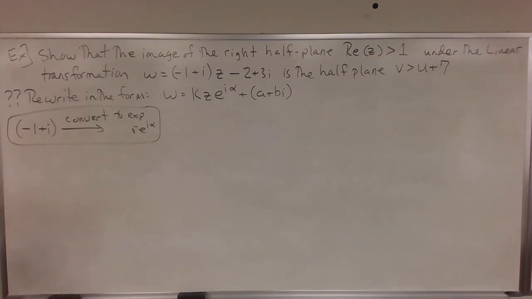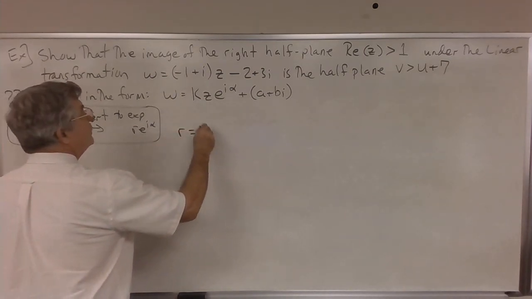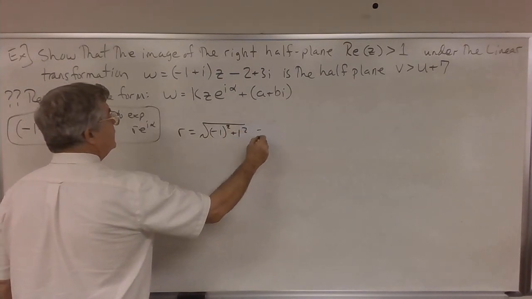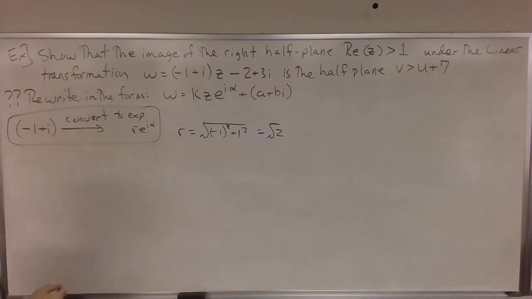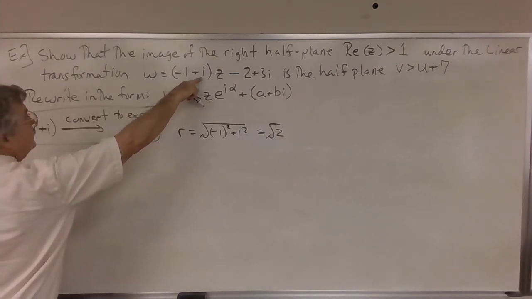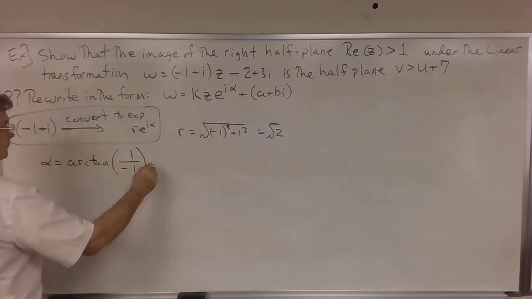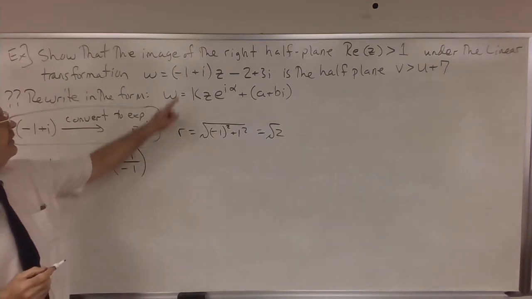So let's see. R equals the square root of negative 1 squared plus 1 squared. So that's square root of 2. We got the modulus. And alpha equals the arctangent of, this is 1i, so 1 over negative 1. And what quadrant is this in?